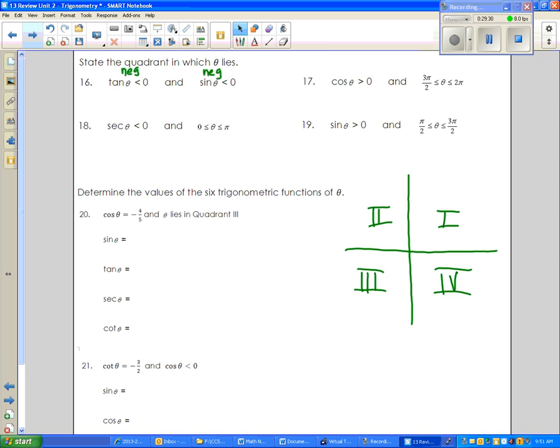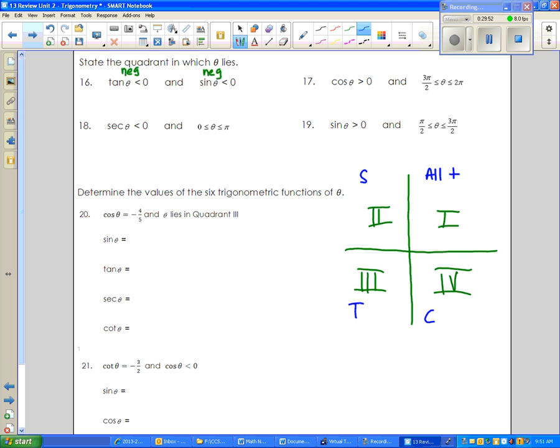And we had a nice little acronym that we hopefully remembered. We said all students take cash. And the reason that we wrote these letters is because in quadrant 1, all functions are positive.